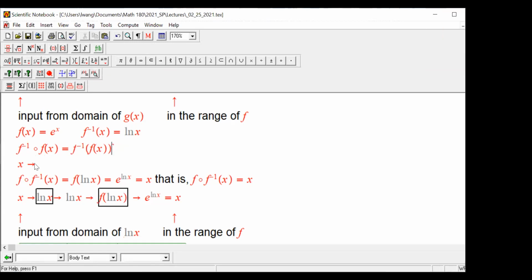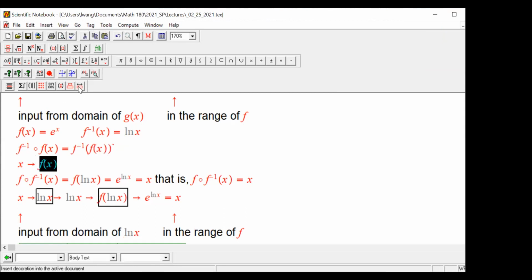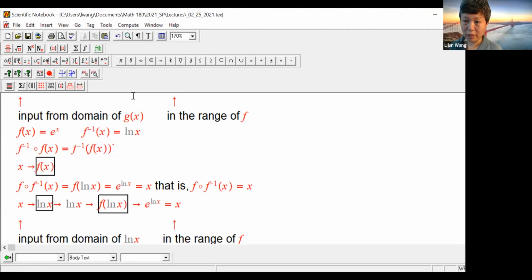So x is given to f of x first, and the rule of f is applied first, which is e to the power x, right? And then it comes out as an output. This output will be given to what? F inverse.